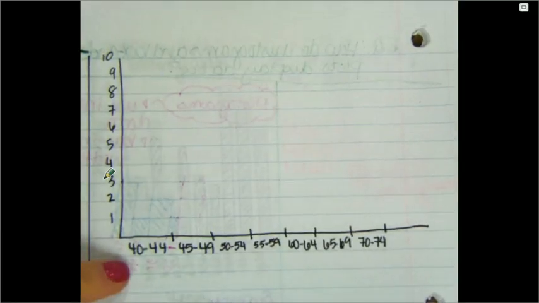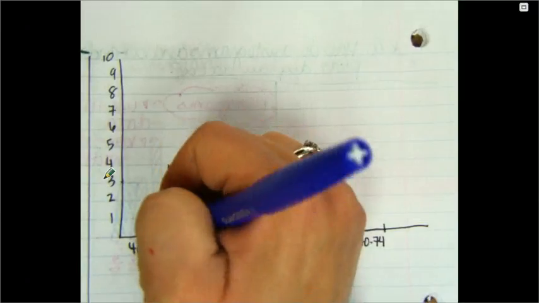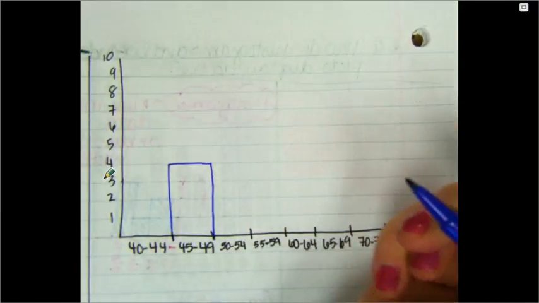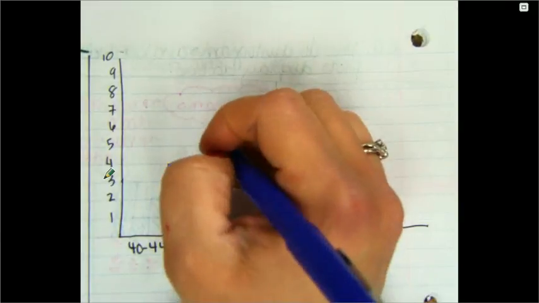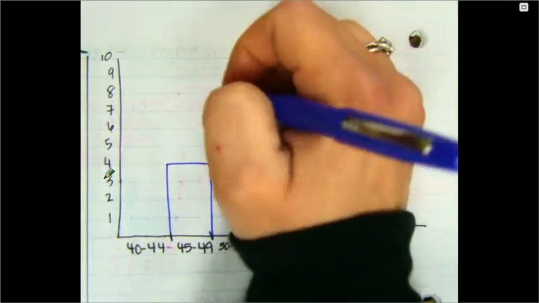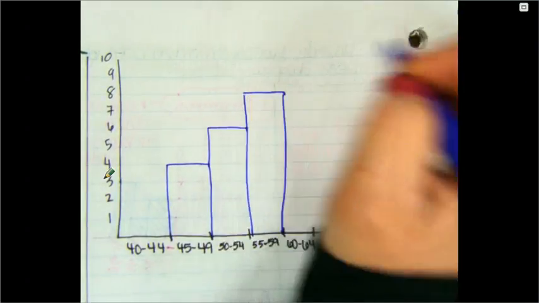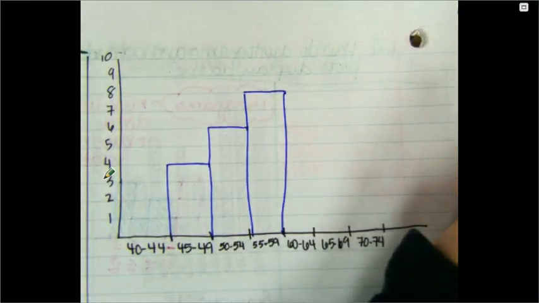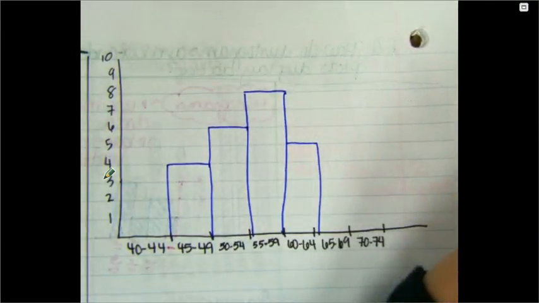Alright, let's graph. How many between 40 and 44? Any? No. So 45 to 49 had how many? 4? How many from 50 to 54? 6. How many from 55 to 59? 8. We're going to draw a straight line. How many from 60 to 64? 4.